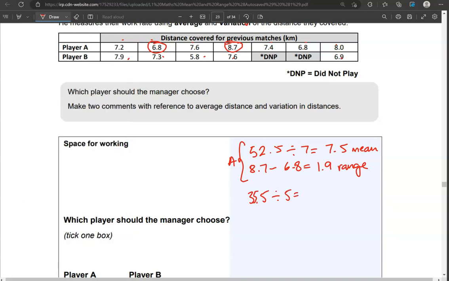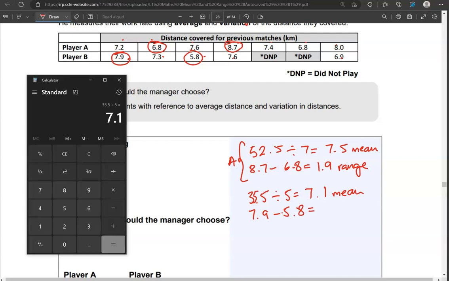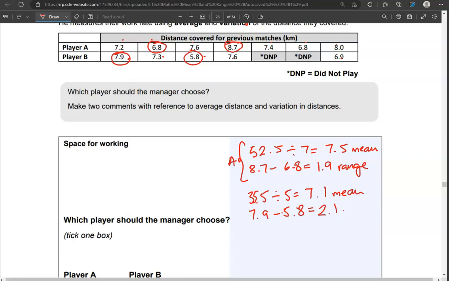That is 7.1. The range, so the highest value is 7.9 and the lowest is 5.8, which gives us 2.1.